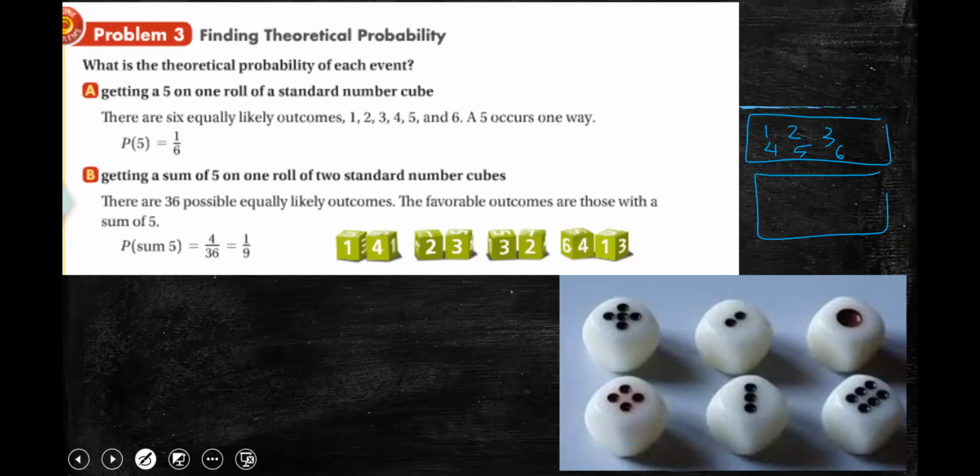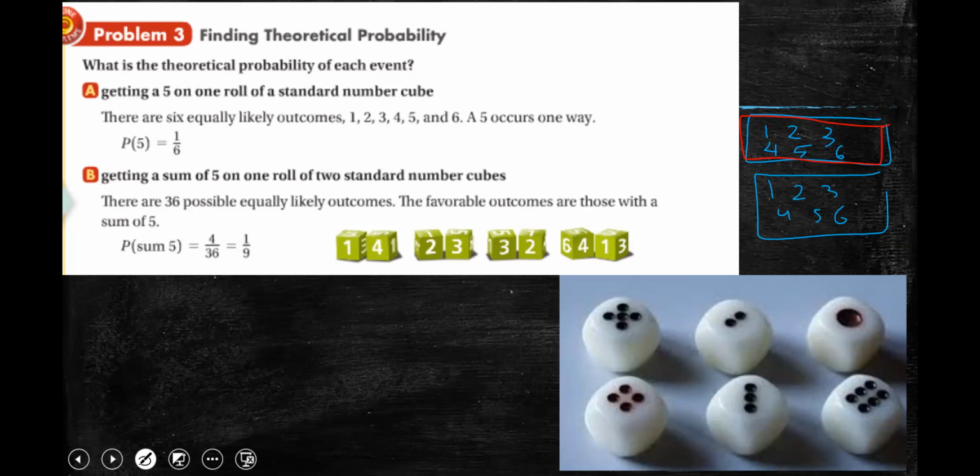And in the other one, we have 1, 2, 3, 4, 5, and 6. Now I want you to give me the ways of getting 5. If you take one number from the red and one from the blue, and you add them, you get 5.